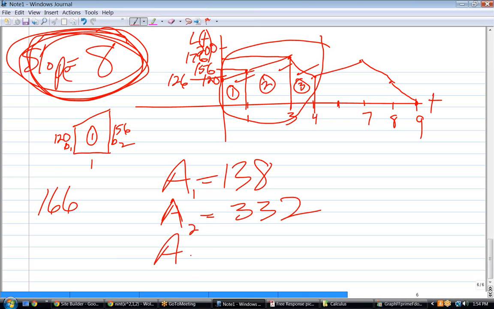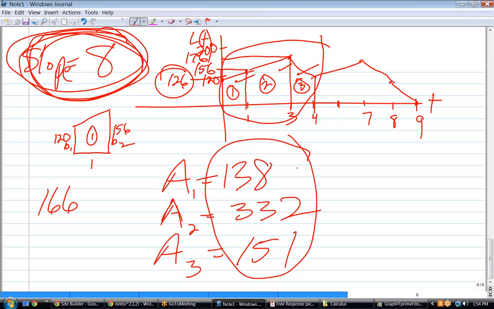And what's the area of the third trapezoid? It's got one side at 176, and the other side is down to 126. So the average base must be 151, which is what the area becomes, since its height is 1. Okay, so what is the sum of those three numbers?